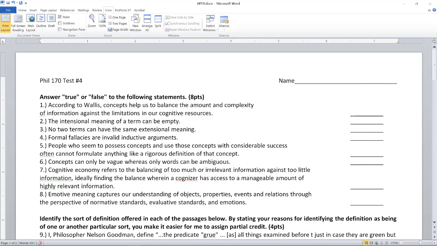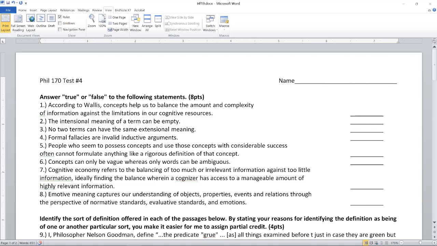People who seem to possess concepts and use those concepts with considerable success often cannot formulate anything like a rigorous definition of that concept. This was a fact observed in psychological research on concepts and categorization that was reported in that chapter on concepts, definitions, and meaning.